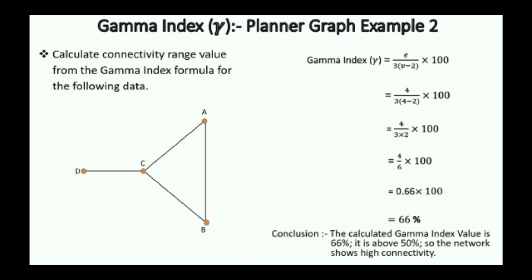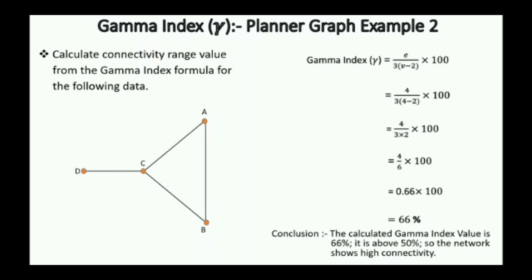Now we will solve the second example of gamma index by planar graph method. See the diagram. There are 4 edges and also 4 vertices. We put these figures in the formula: 4 divided by 3 in bracket 4 minus 2 bracket complete multiplied by 100, and the answer is 0.66.